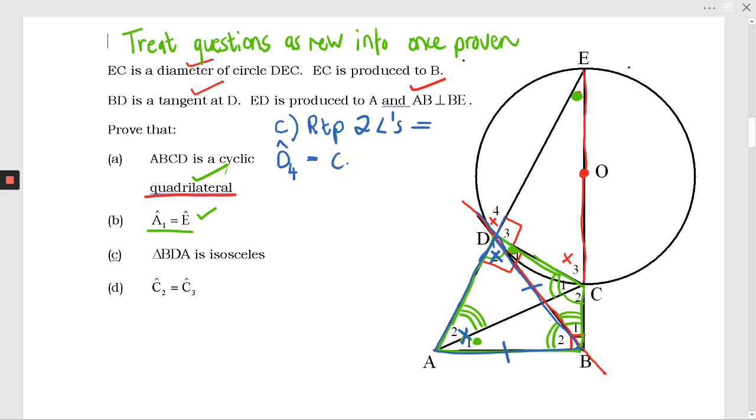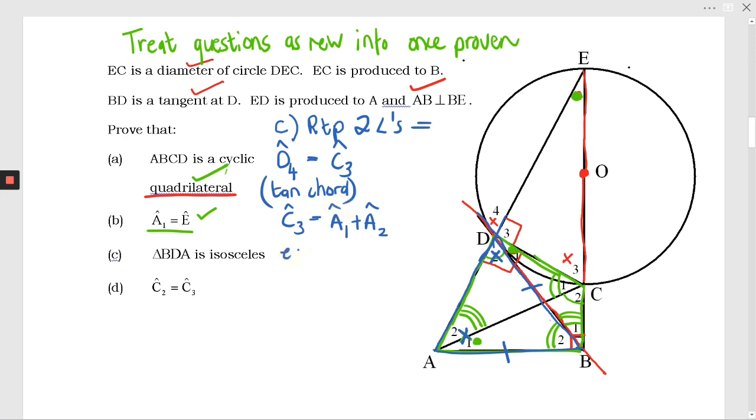So I have D4 equals C3. Remember how we got that? That was tan chord. And then C3 equaled A1 plus A2. And that also came from proving the cyclic quad.